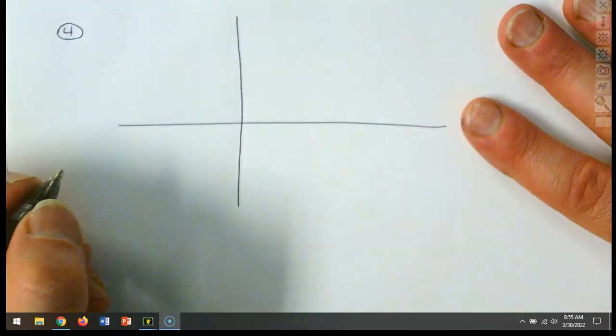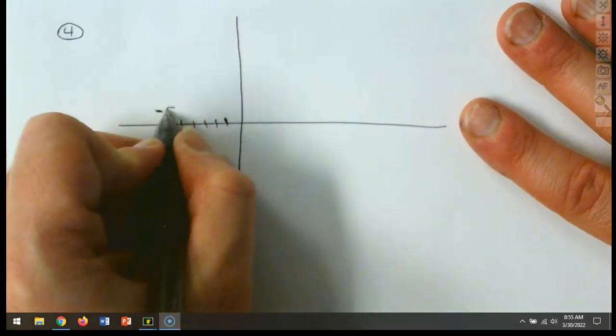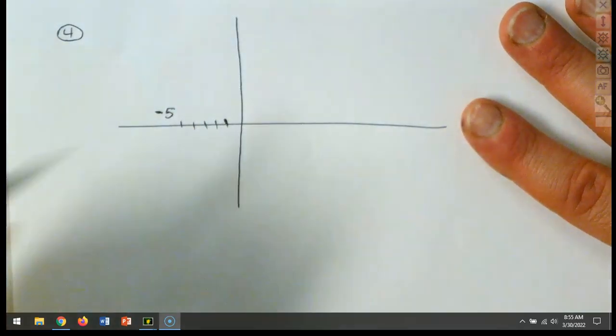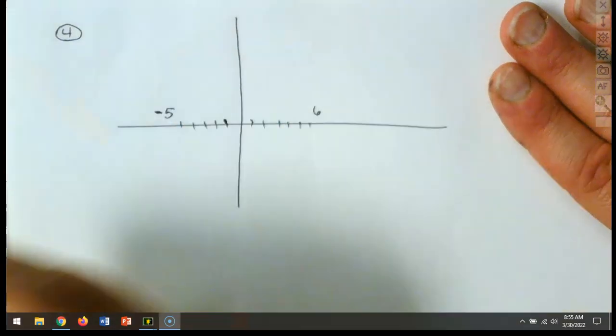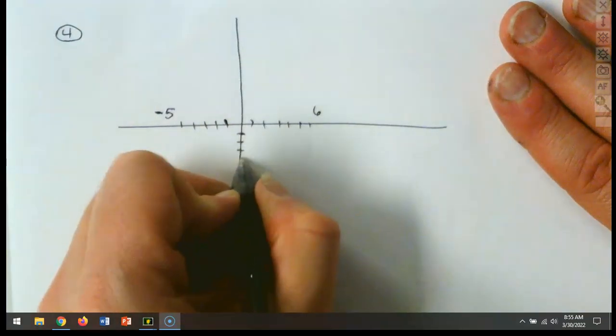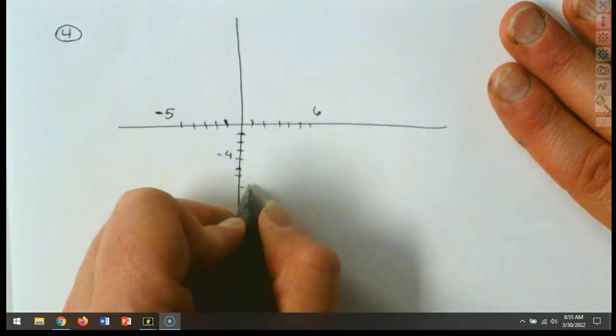Okay, let me make sure I label this one pretty close here. So that looks like that's about -5. And that's about 6 over here. Okay, and then that looks like that's about -4. And about a -6.